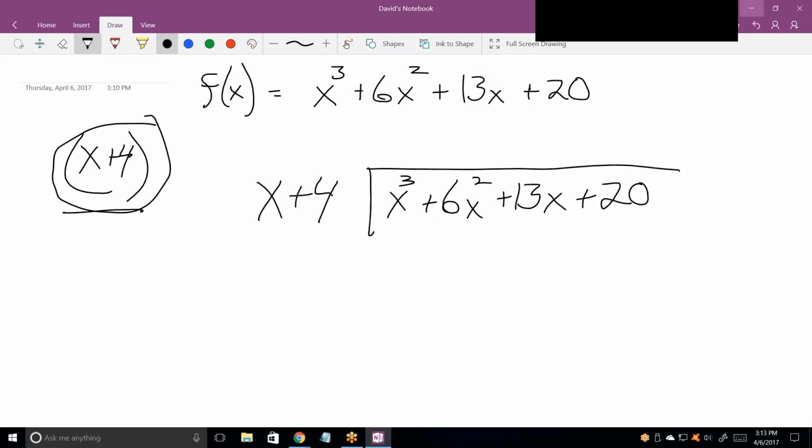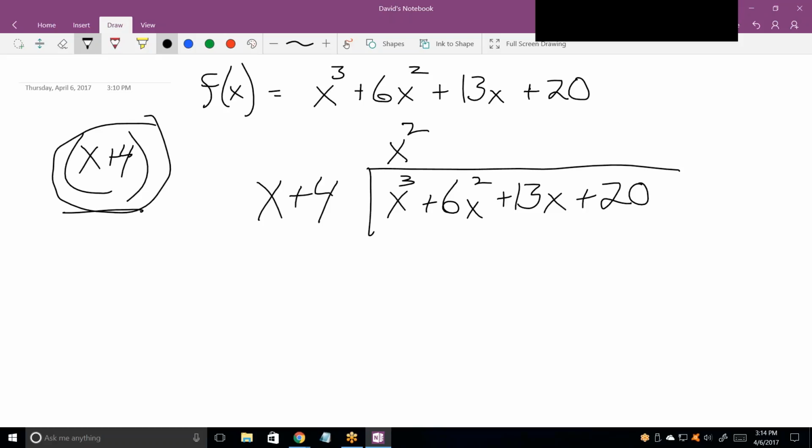You have to have every degree represented inside the division sign and every degree represented outside. Now, since we have all of that, this is relatively straightforward. The very first thing you do is divide x into x cubed. Always. So that'd be the first step. X squared. The only thing I care about is dividing x into x cubed.